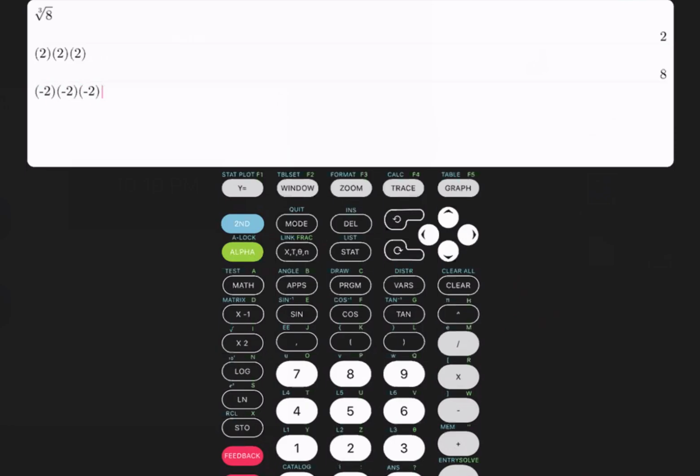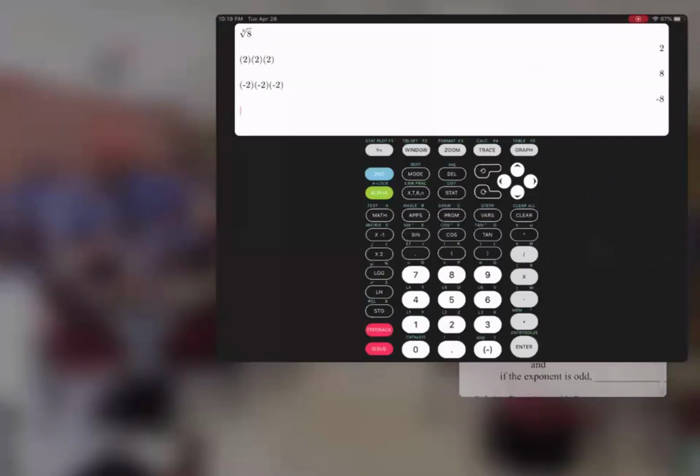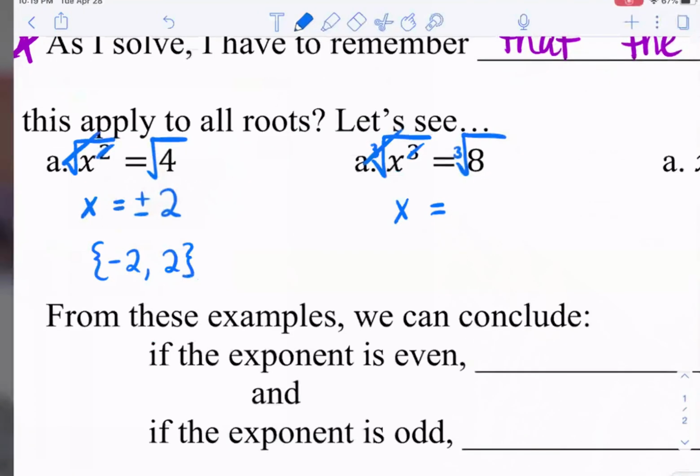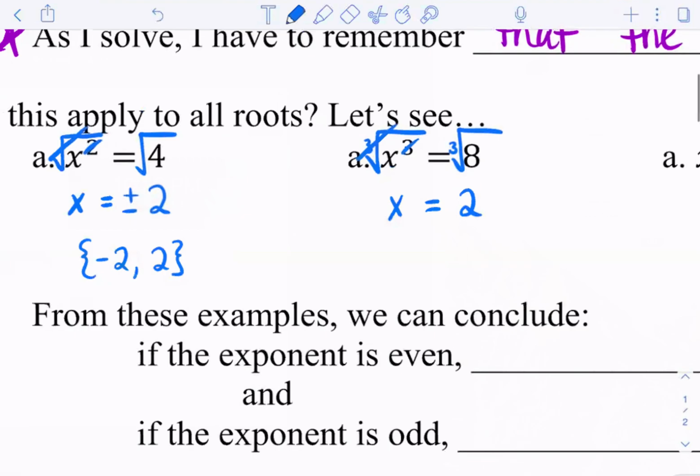When I click Enter, I don't. I get a -8. So it does not work where a negative times a negative times a negative gives me a positive. So the only answer here is 2. So only the answer positive 2 works here.